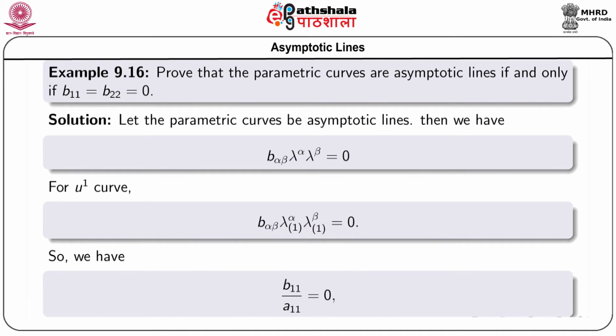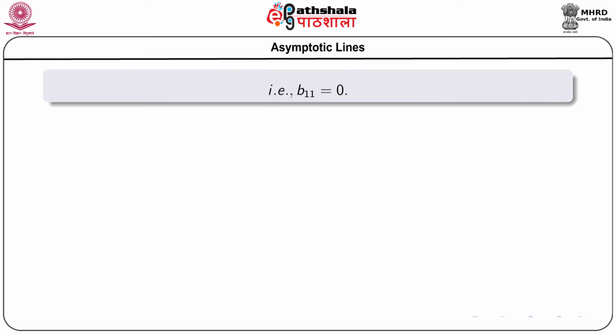So, we have b11 by a11 equals to 0. That is, b11 equals to 0.